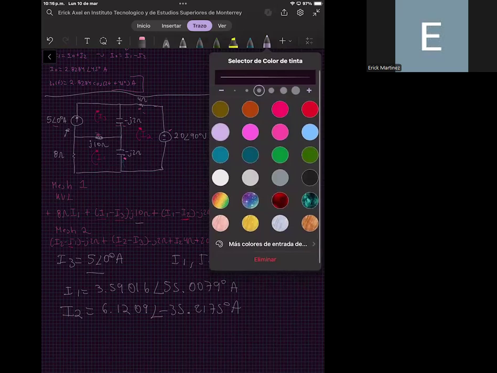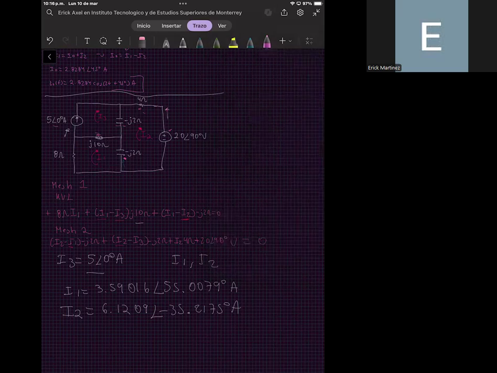But I forgot to mention something important. According to the original problem, we needed to compute the current that is labeled as I sub 0. That is this current that is flowing from the negative to the positive terminal of this voltage source. We can also see that this current is equal to the current I2.